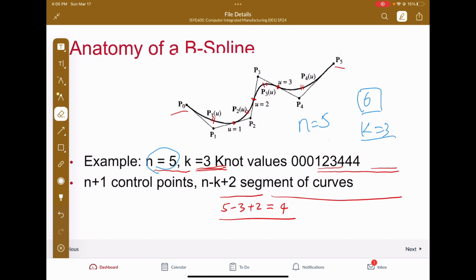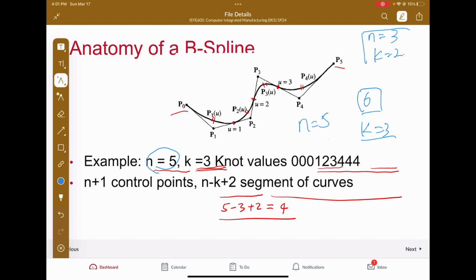This example tells you how to calculate the control points and the segments of the curves. So in the example, n equal to 3, and k equal to 2, right?